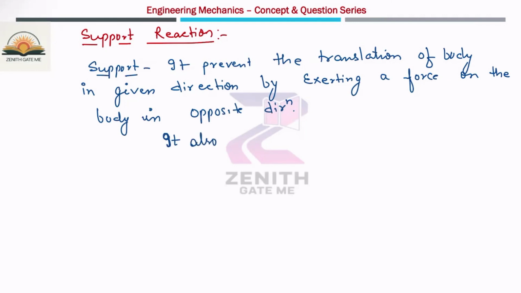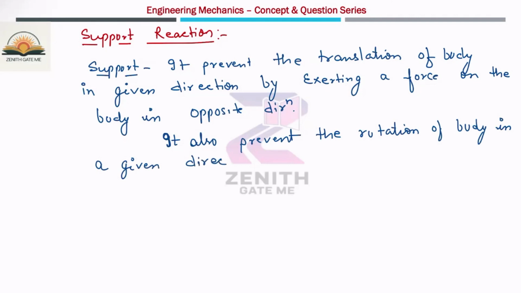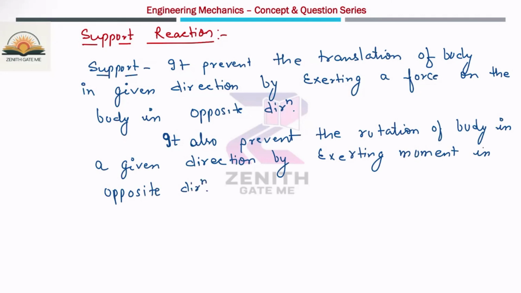It also prevents the rotation of a body in a given direction by exerting a movement in the opposite direction. That means it will prevent the translation of a body as well as the rotation of the body by applying some kind of forces and movement, which is nothing but the resisting force and the resisting moment.